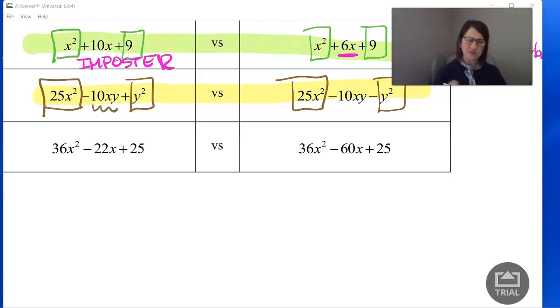My middle terms are the same. Which is the imposter? Look at what's different. Between the middle and the third term, the one on the left has a plus, the one on the right has a subtraction.